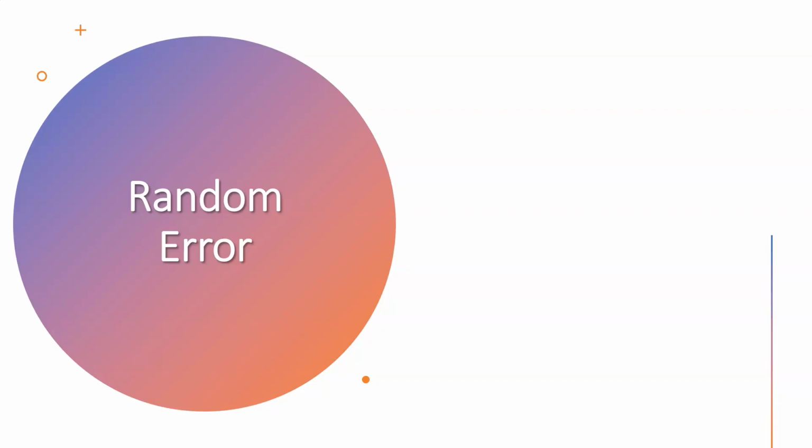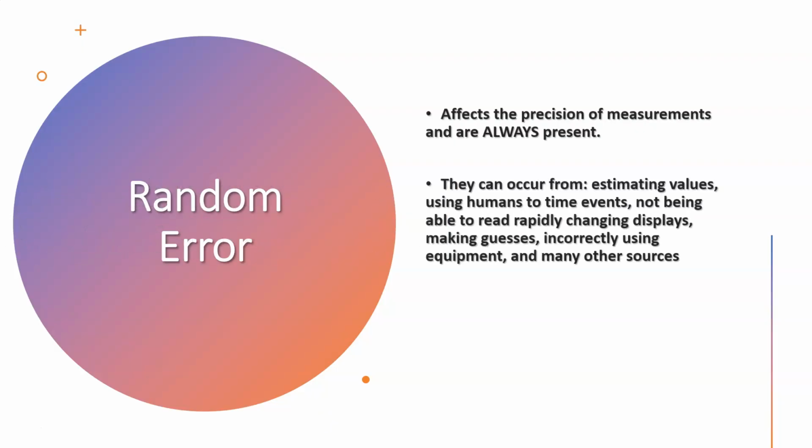Okay, skipping back there, we're looking at experimental uncertainty, and we said we could have random errors and systematic errors. Okay, so random errors affect the precision of the measurements and are always present. We always have random errors.